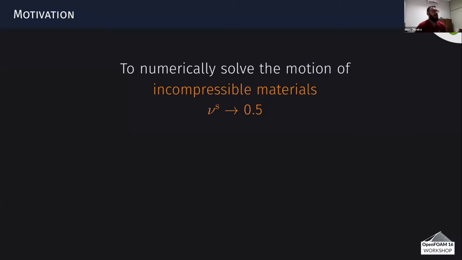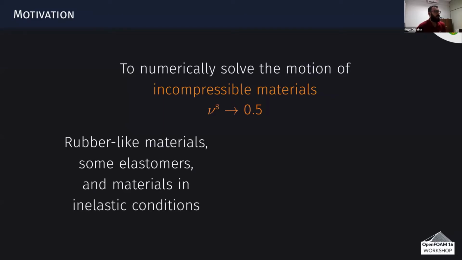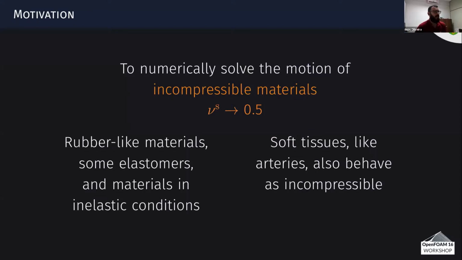Although in engineering the most common materials have a Poisson coefficient between 0.2 and 0.5, there are some applications for incompressible materials, for example rubber-like ones, such as elastomers, and materials in inelastic conditions. More specifically, the type of material that we are interested in is soft tissues like arteries, which are also incompressible, and also the tissue of intracranial aneurysms.